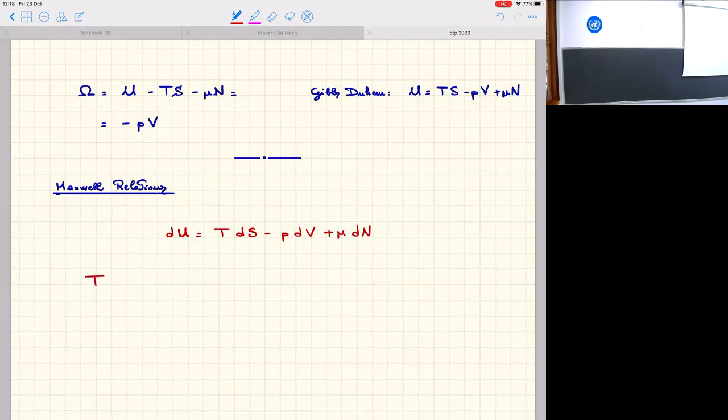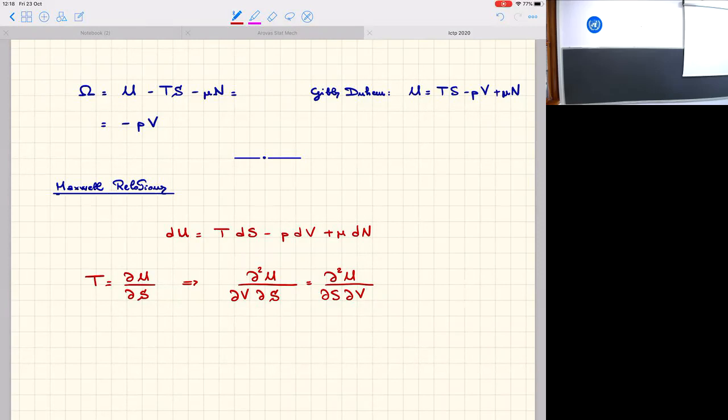The temperature, for example, is equal to dU/dS. But one of the things that I have to have is that the derivative of the internal energy with respect to S and then with respect to V should be equal to the derivative of the internal energy with respect to first V and then S, right? These cross derivatives have to be equal to each other because it's an exact differential, right?